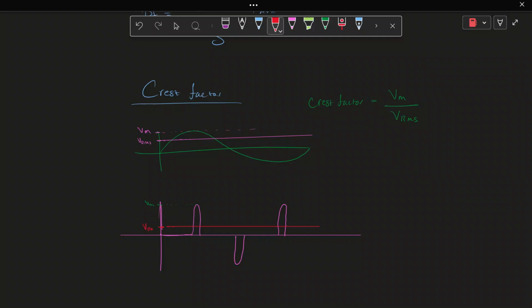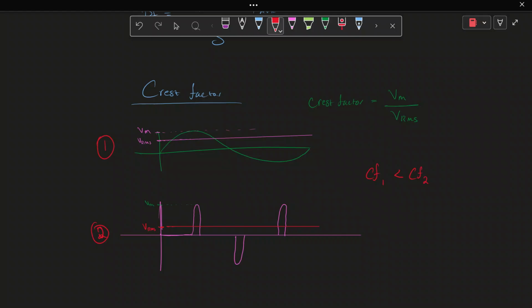Think about crest factor as the ratio between the max divided by the RMS. So if we have a larger discrepancy between the amplitude and RMS, we're going to have a much larger crest factor. We'll call this 1, we'll call this 2. Crest factor, which we'll denote by CF, CF1 is much less than CF2, because the distance between Vm and VRMS is much smaller in waveform 1 as compared to waveform 2.